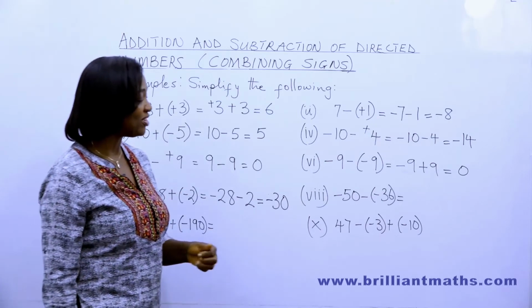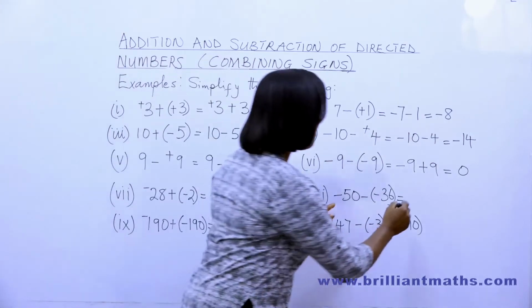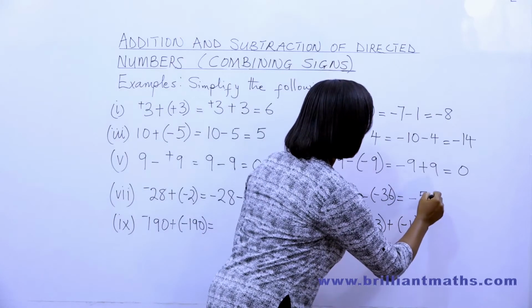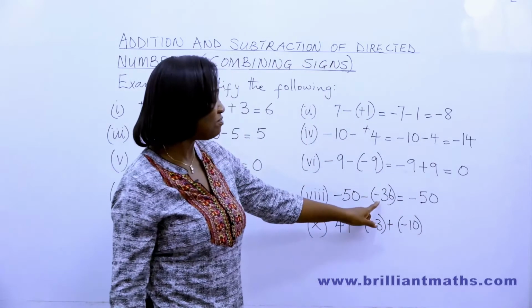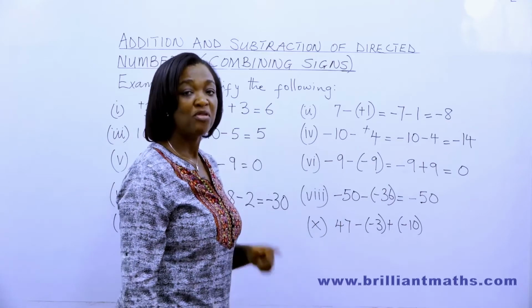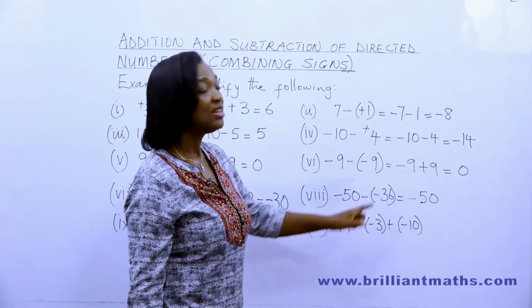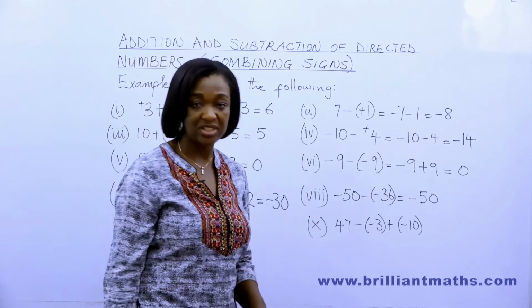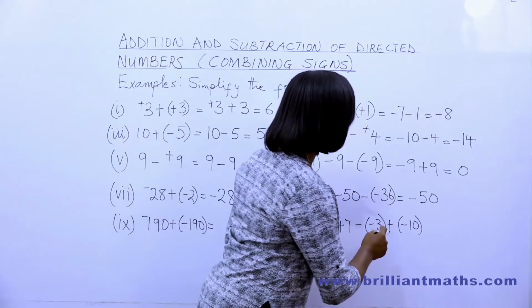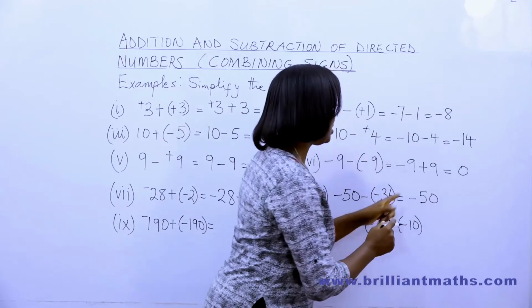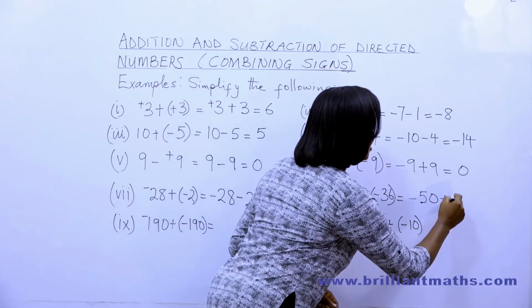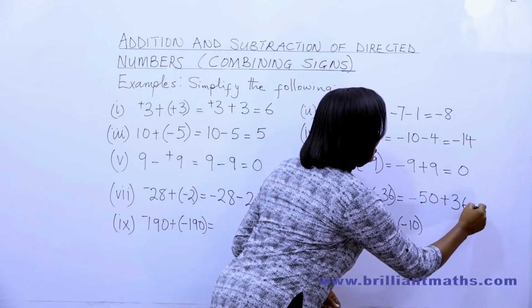The next example is very interesting. Minus 50 minus minus 36. We've agreed that when you have two negative signs in the middle, then it is positive. So minus 50 minus minus 36 is minus 50 plus 36.